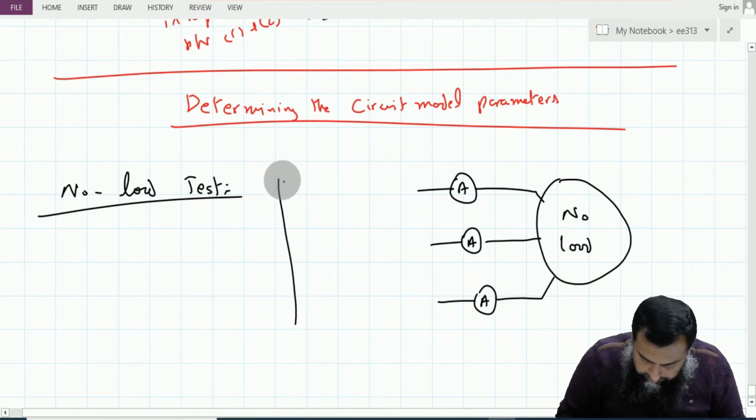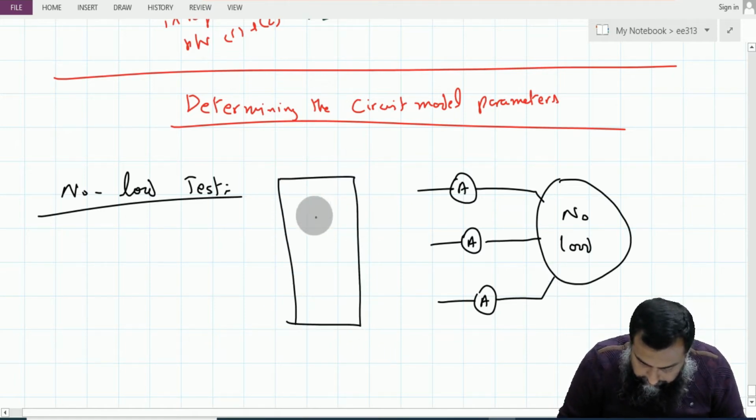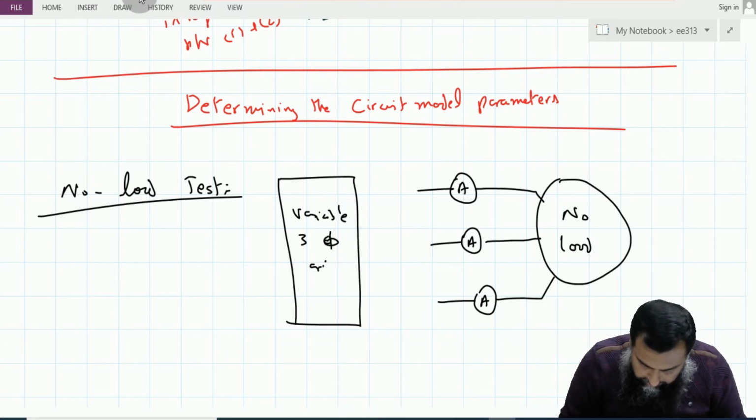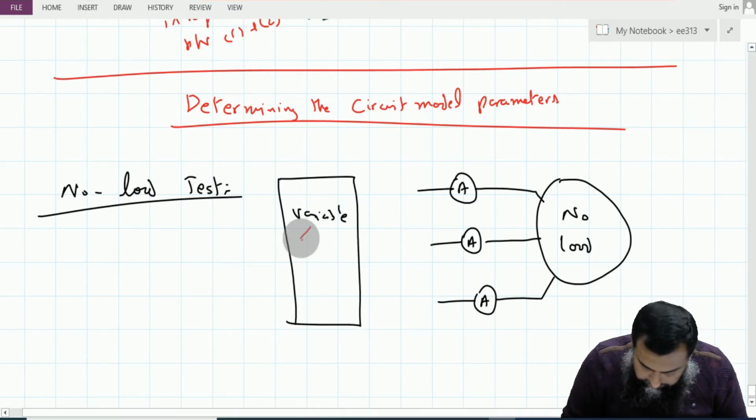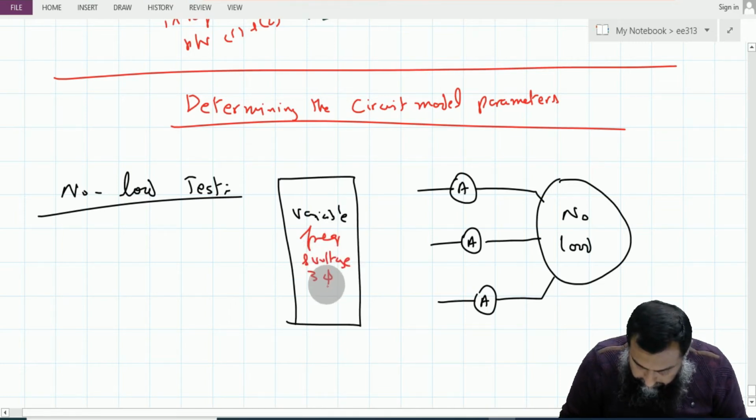while having a variable frequency and voltage three-phase supply.